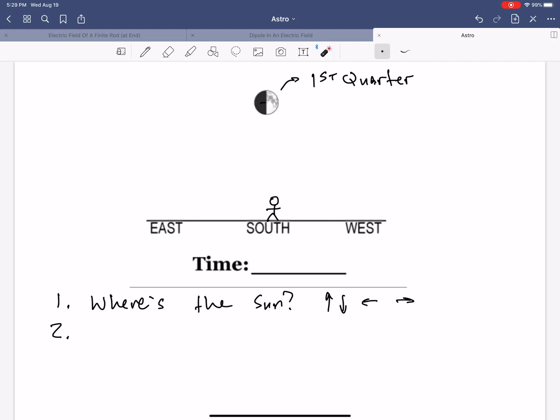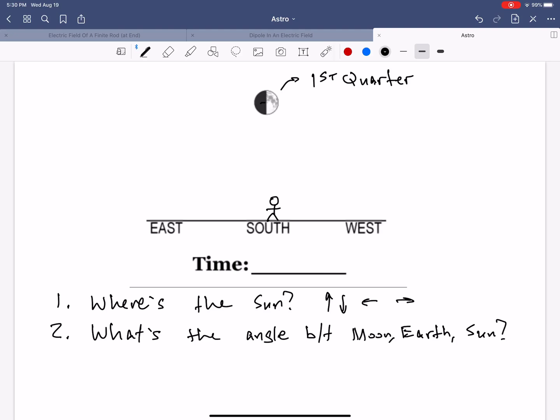Because it's a quarter moon, that clues you in that the angle between the moon, that observer on the Earth, and the sun has to be a right angle, or 90 degrees. So the second step is to determine the phase and the angle.